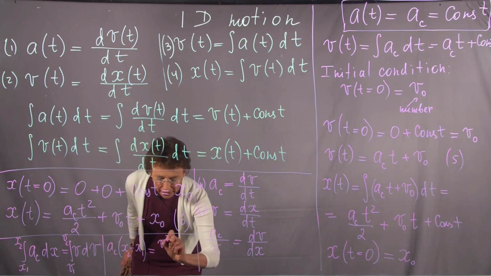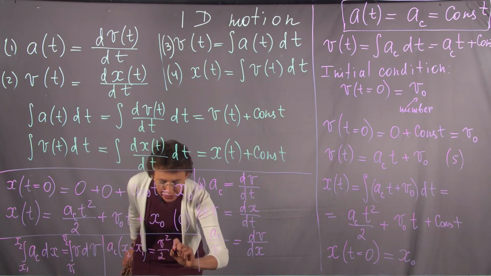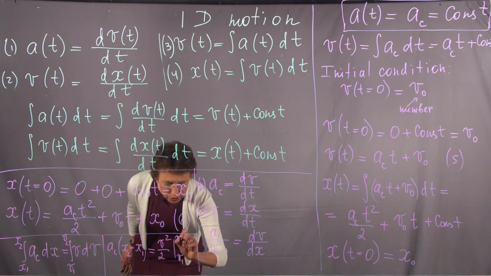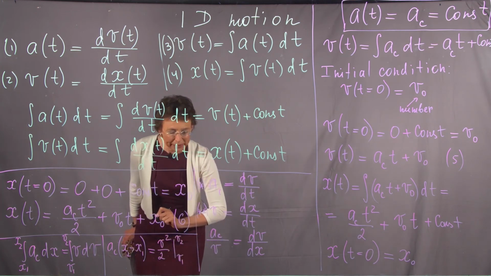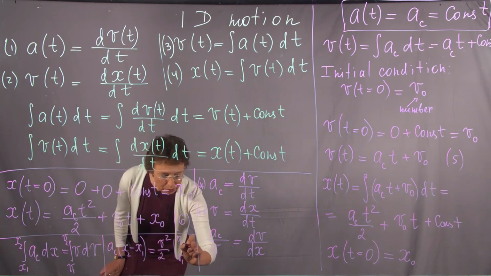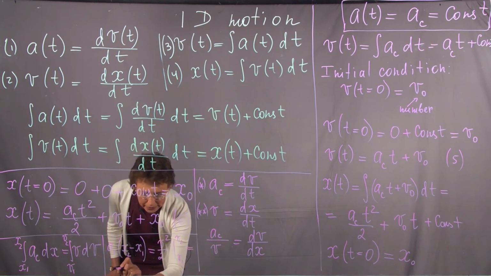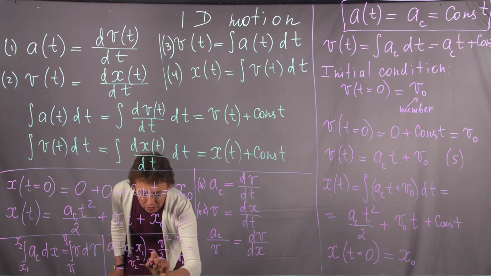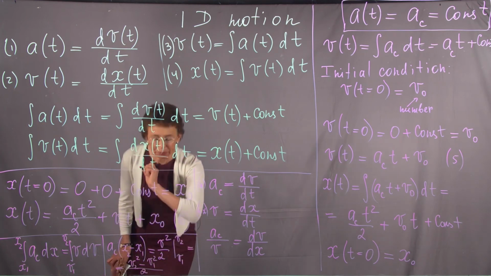The limits are for v from v1 to v2. And if I plug in the limits, what will we get? We will get v2 squared minus v1 squared over 2.